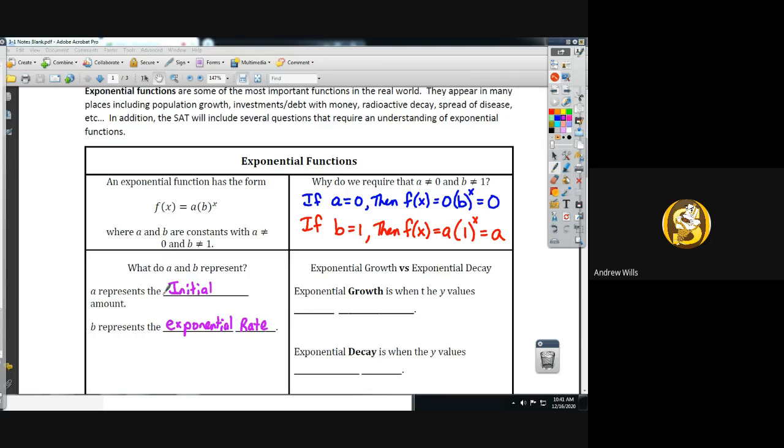So a is going to be our initial amount, and b is going to be our exponential rate. Okay, there is a little bit more we have to do with b than what we've talked about, and we'll get to that in a minute when we get to the real life examples. Now, exponential functions come in two types: exponential growth and exponential decay. Exponential growth is when the y values are increasing.